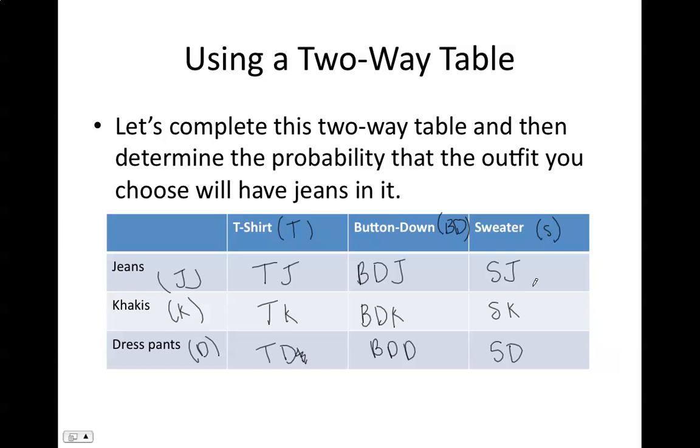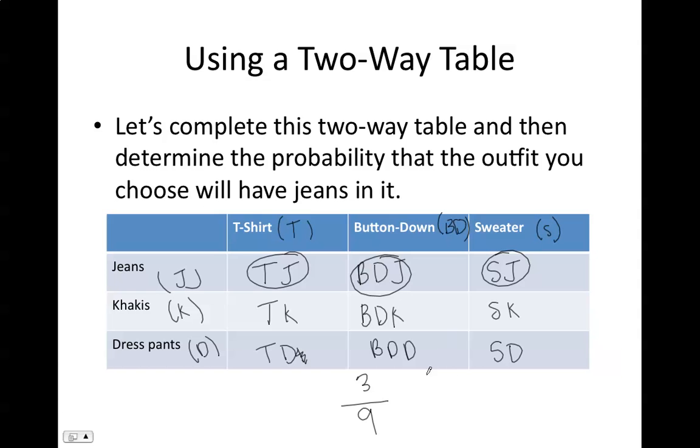So by completing the chart, now I can go through and answer the question. And the question is, determine the probability that the outfit you choose will have jeans in it. Well, we know that these three outfits here are going to be the ones that have jeans. So those are my favorable outcomes over my total outcomes, which, with three different outfits for each top, would be a total of 9 outcomes.